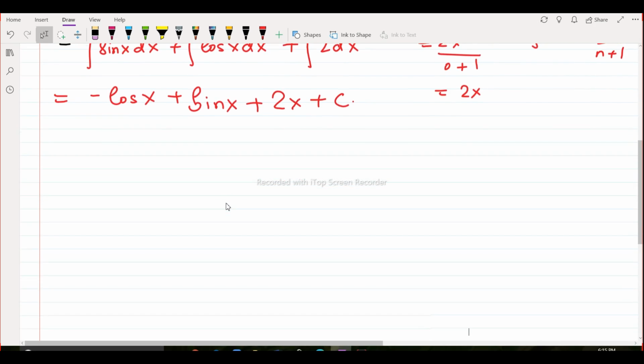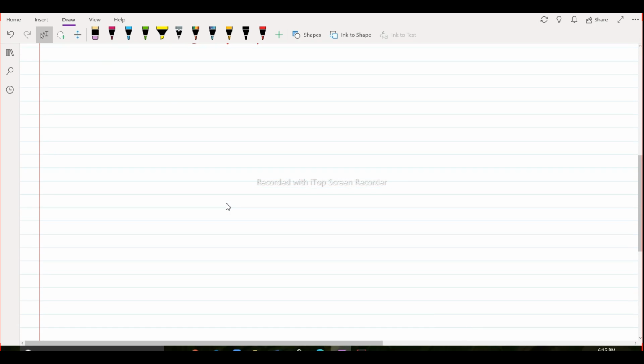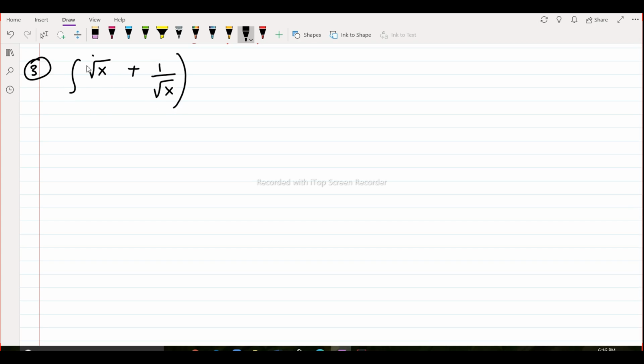Let's see the next one. So the third question. Let's say we have the integration of root x plus 1 by root x, the whole square. Now the problem with integration is that if this had been a question of derivative, we could have just taken the derivative of the whole square and applied the chain rule.